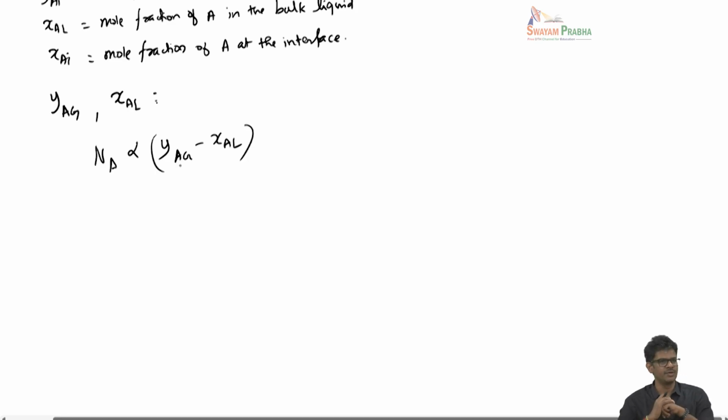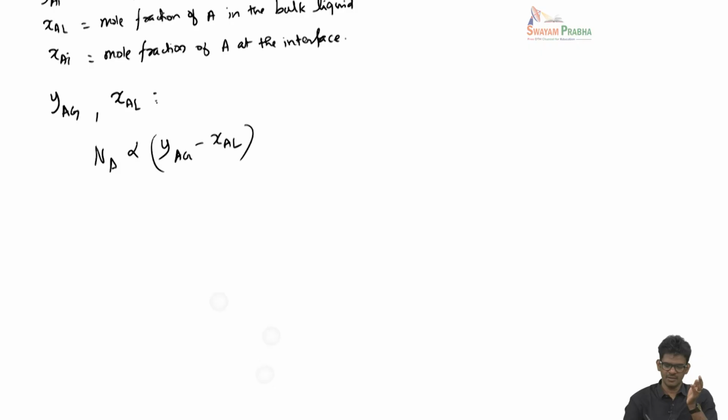But this is incorrect, because this particular law says that the mass transfer flux will become 0 when YAG becomes equal to XAL, as if at equilibrium the concentration of the species in gas phase and liquid phase should be equal, but that is not the case. We already said the concentrations of the species are not equal, but only the chemical potentials are equal.